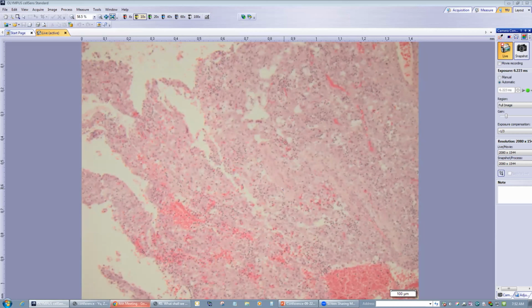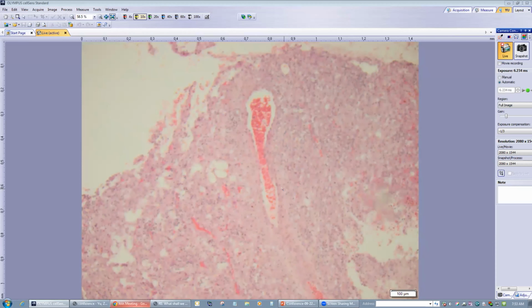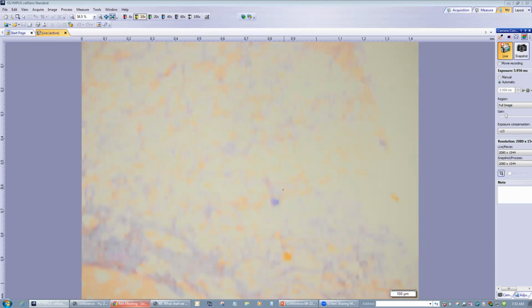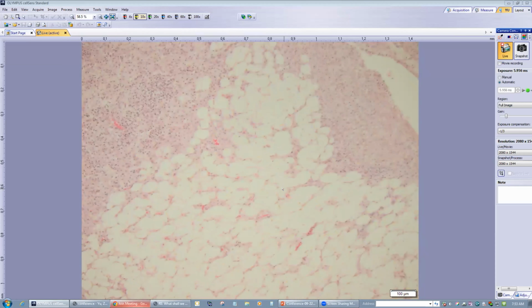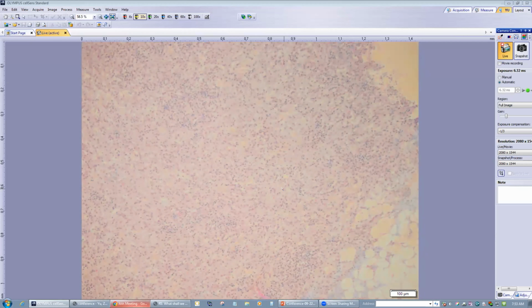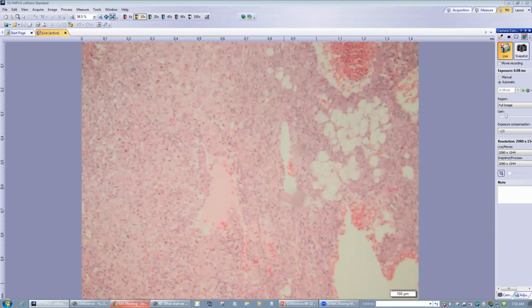Of course, you can have non-syndrome-related cases, but the majority of the time it is related to a syndrome, tuberous sclerosis. So remember, clinical history gives you some hints. If you look at the fat first, then you probably get it already. You find this fat, and you see those vessels. So that's the epithelioid variant.